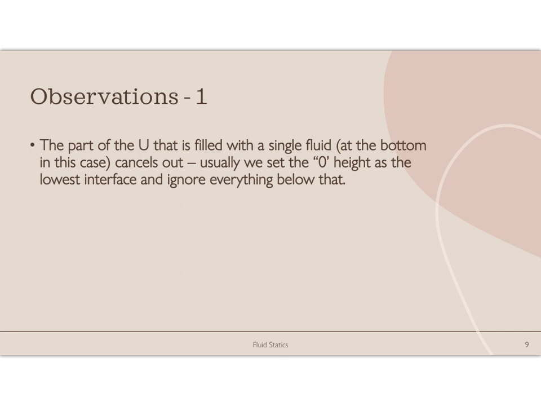So I'd like to look at just some observations from this. First, the part of the U that's filled with the same fluid cancels out. So usually we just set the zero height as the lowest interface and ignore everything below that. You don't have to, but you're going to end up with things that cancel out, and so it seems sort of silly.